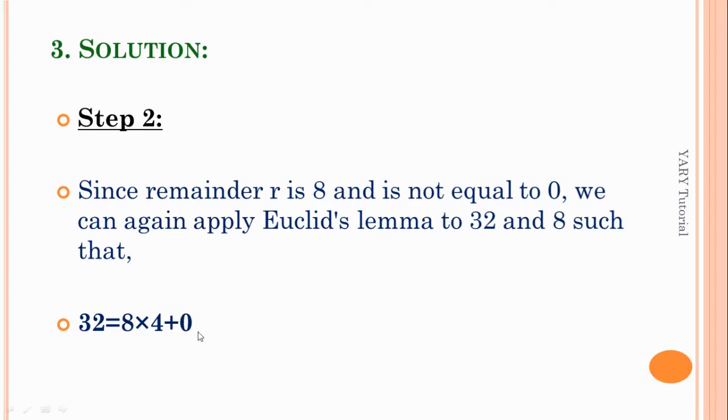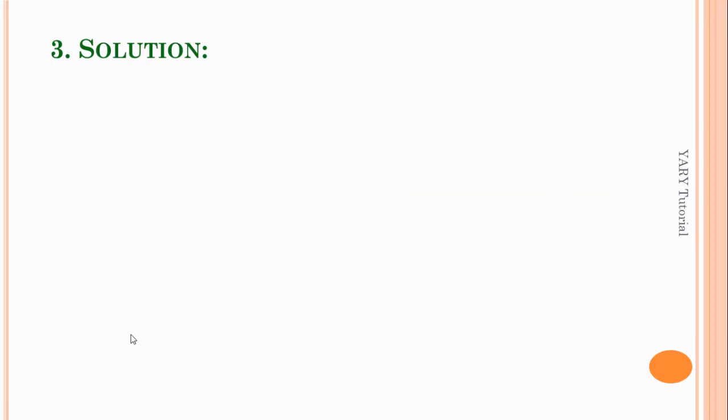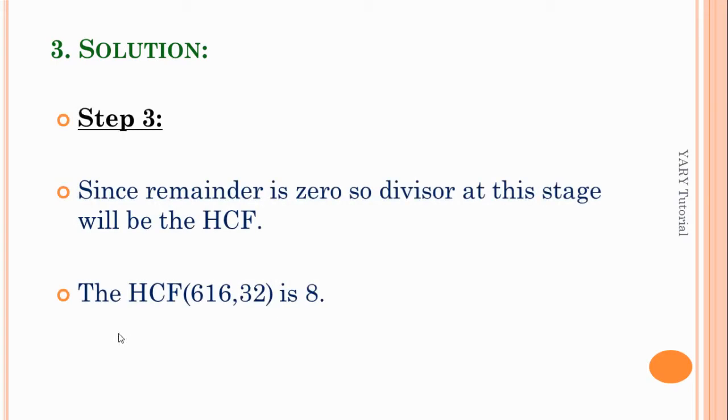So since we got the remainder as 0, the divisor at this stage, that is 8, will be our HCF, that is highest common factor, of both the numbers.